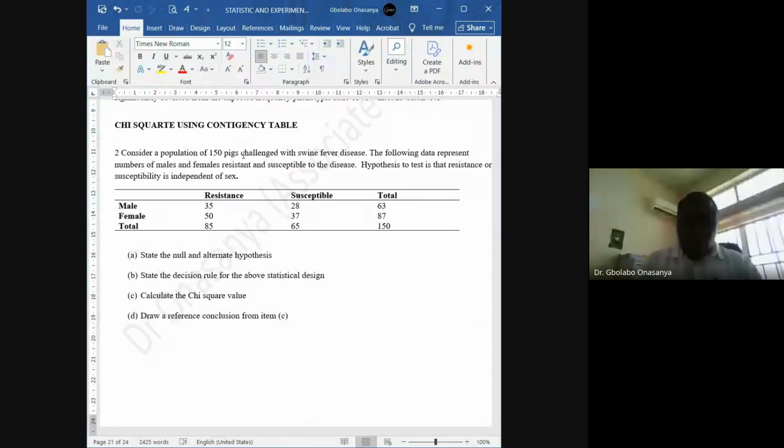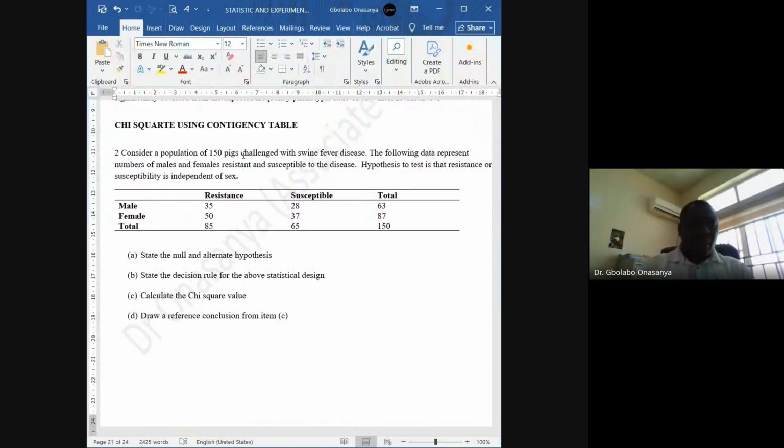Do they demonstrate susceptibility or do they demonstrate resistance? That is an analogy. If you seek a research concept like that, then this is a kind of statistical tool you can use to analyze it and explain it. Let us take a look at this question. Are we good to go?